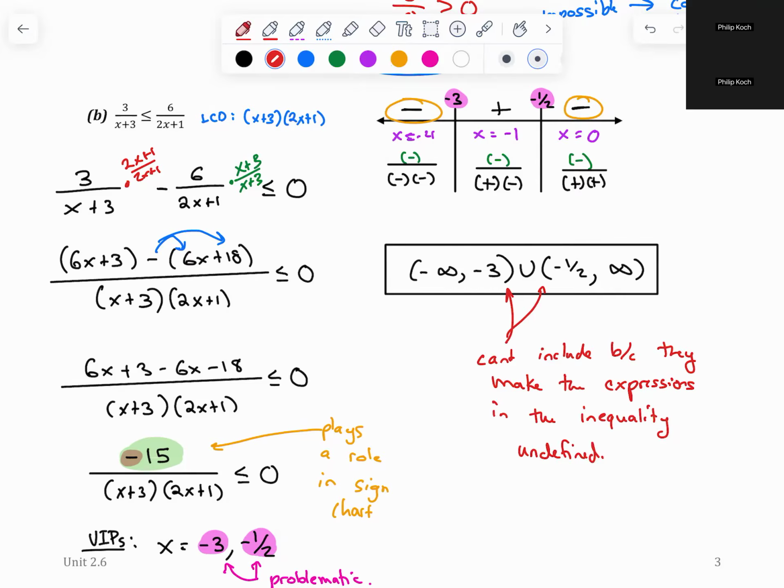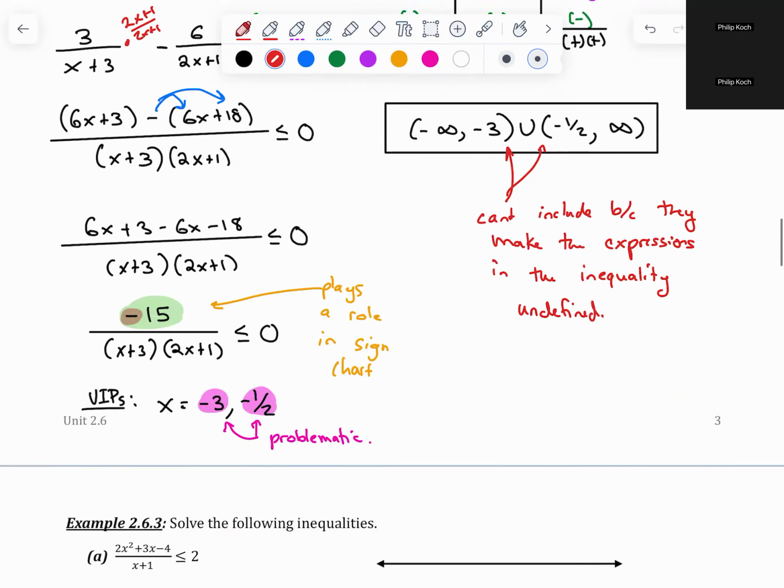Exactly, you don't get the equal to, you get undefined. If we ended up getting a factor in the numerator, we would have some brackets involved because the numerator could be 0 and that's okay. Good? So there's no bracket, even though it's a greater than or equal to, because those are problematic VIPs, they make the expression undefined.